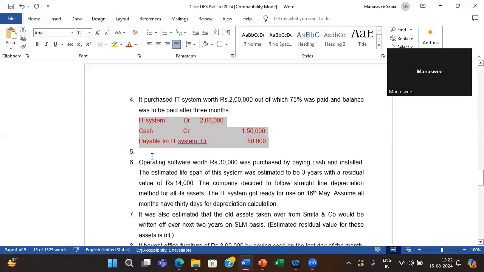Then we'll move to the operating software transaction. So operating software worth 30,000 was purchased by paying cash and installed. Please understand that when we go to details of CAP, then we'll understand that without this operating software, the hardware has no meaning. The hardware cannot operate. So in an automated factory, maybe some robots are working.